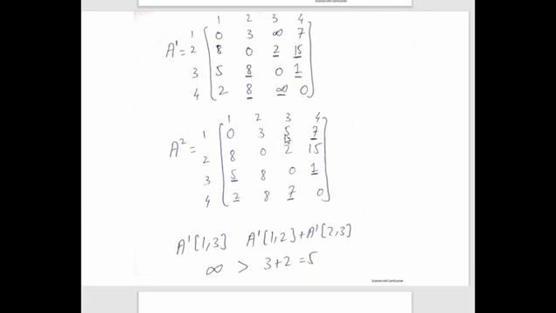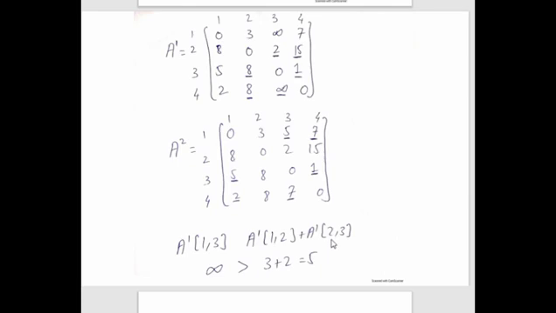The first value is A1 of 2 to 3, this is what we are going to find. If we are constructing matrix A2, then the intermediate node will become 2, right? So here we will use the intermediate node 2 in between. On the left side, whatever we are going to find out, this is the distance we have to calculate, A1 2 to 3. And on the right side, we use the intermediate node in between: A1 of 1 to 2 plus A1 of 2 to 3, and we will check the distances in A1.